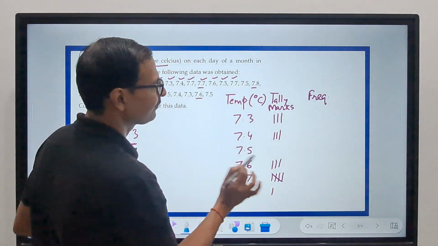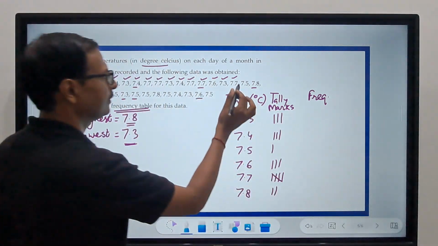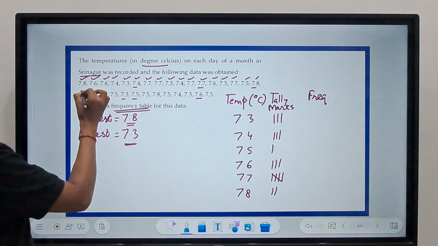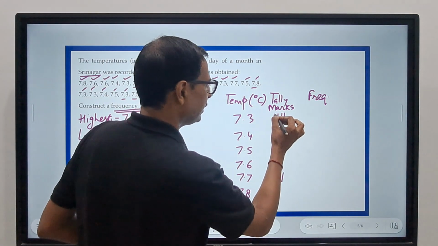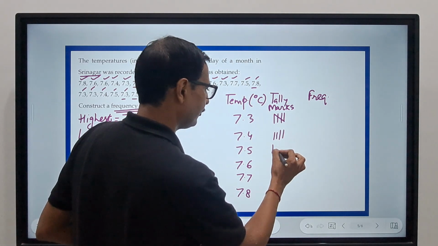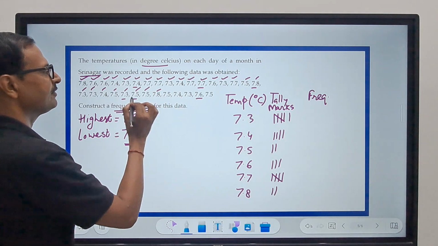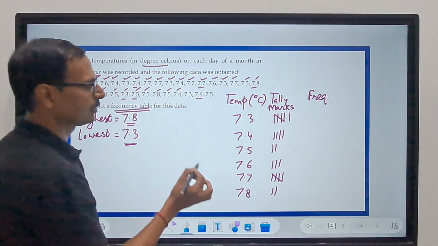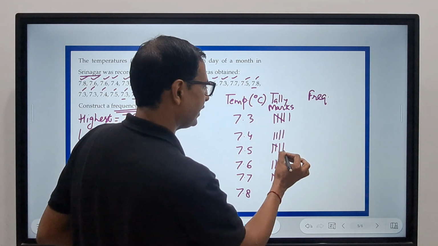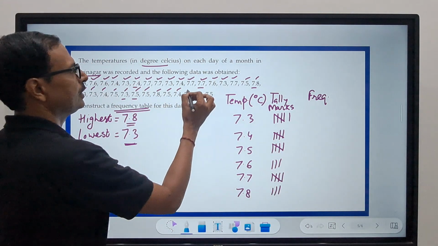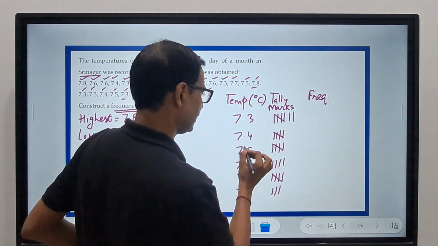So 7.5 now is here, 7.8 is here. So all these are done.